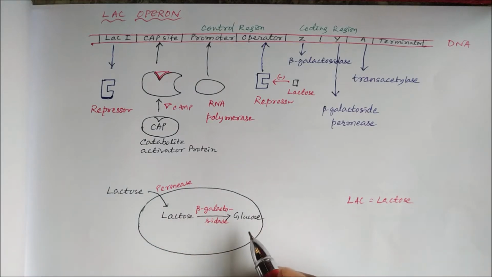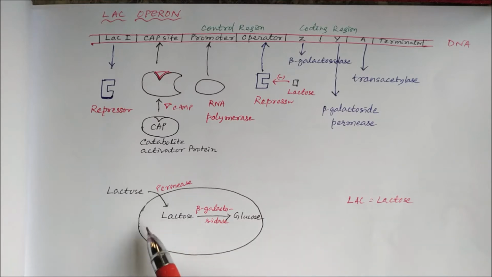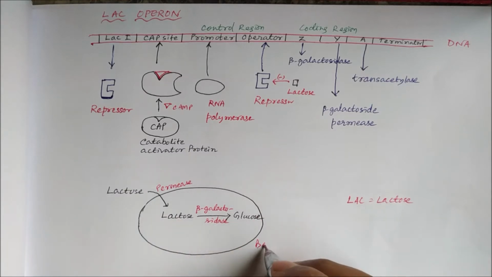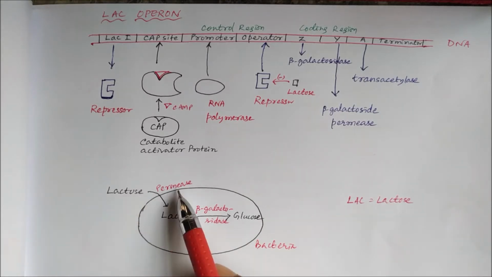Bacteria need nutrients like glucose, and when there is a lack of glucose and we give lactose, it will obtain glucose from the lactose. So lactose has to first enter into the bacterial cell, and the enzyme required is permease.